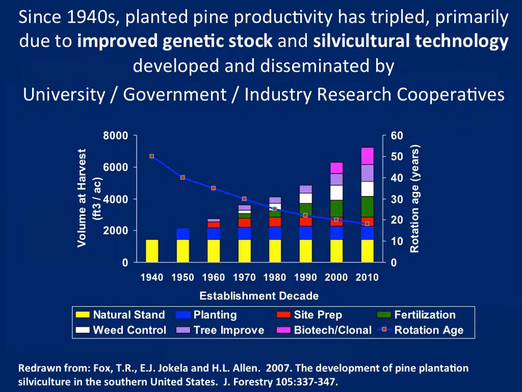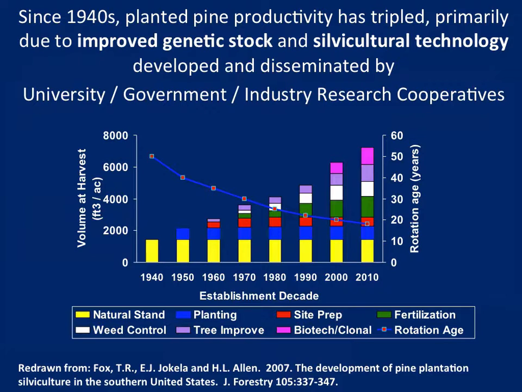But of course, site potential has been changing dramatically, and that's really well illustrated by this graph that was created by Tom Fox, Eric Chokla, and Lee Allen in a publication in 2007. And what we're looking at on the y-axis is the volume at harvest and what you would expect in different decades. So in 1940, you might, after 50 years of a rotation length, get somewhere south of 2,000 cubic feet per acre.